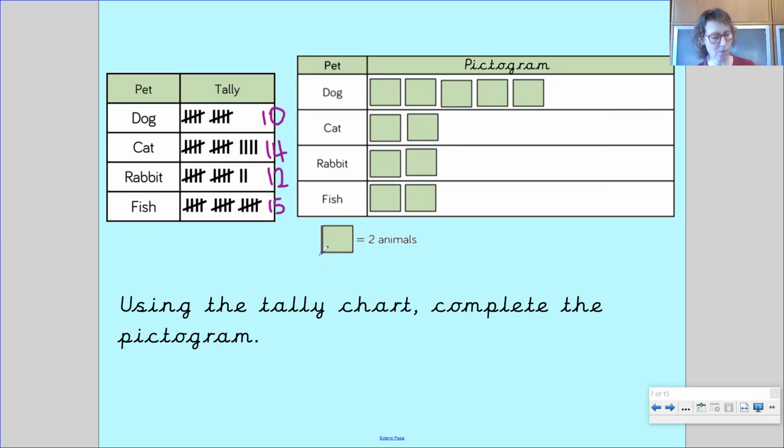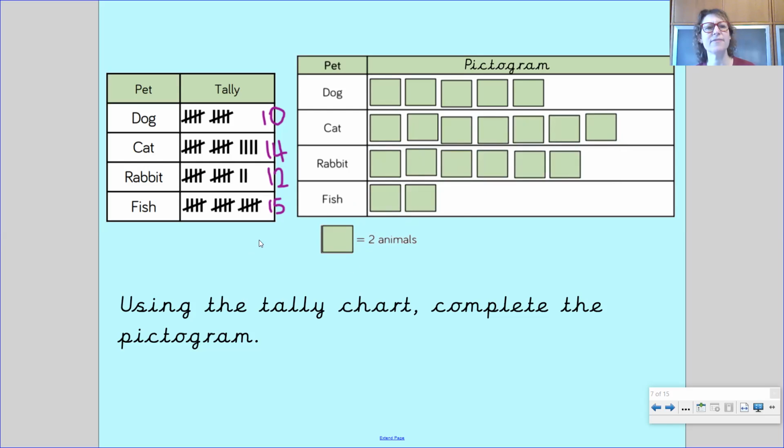Right, so we need 10 dogs, 2, 4, 6, 8, 10. We need 14 cats, 2, 4, 6, 8, 10, 12, 14. We need 12 rabbits, 2, 4, 6, 8, 10, 12.